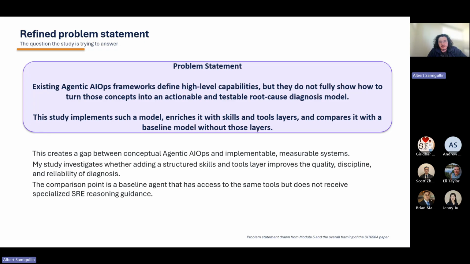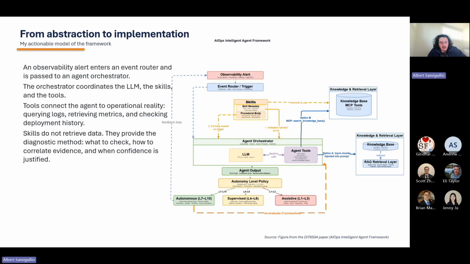However, these frameworks remain mostly high level. They do not fully show how those ideas can be turned into an actionable and testable root cause diagnosis model. So my strategy is this: first I implement a concrete model. Let me go to that model.